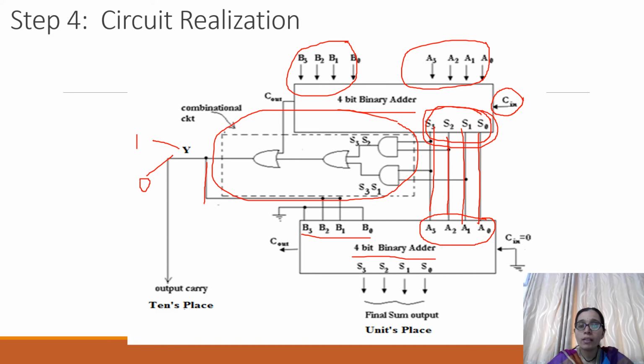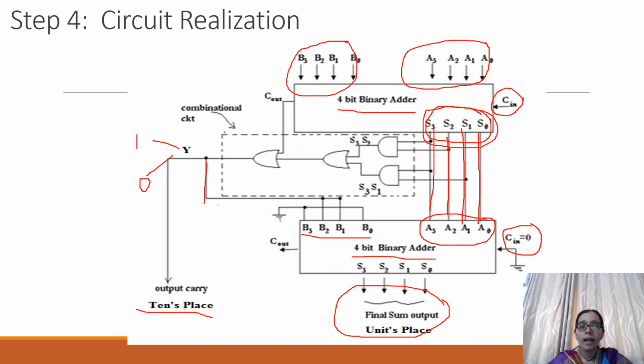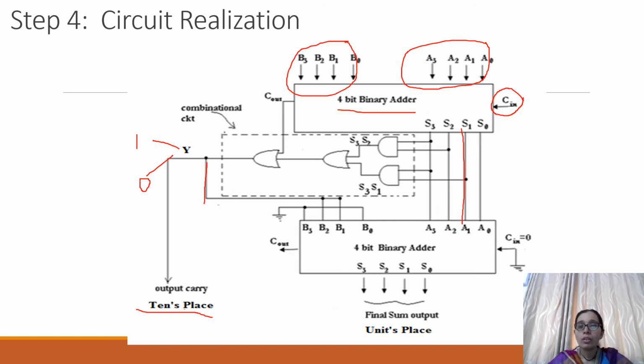Cin we are assuming as 0 here, because if Cin is 1 then an incorrect result will be generated. Whatever Y we have got is the tens place, and this C out is not to be used. Whatever is the addition of this IC will be our final sum or final output. So this is the entire circuit that we have designed using the combinational circuit that we have got.